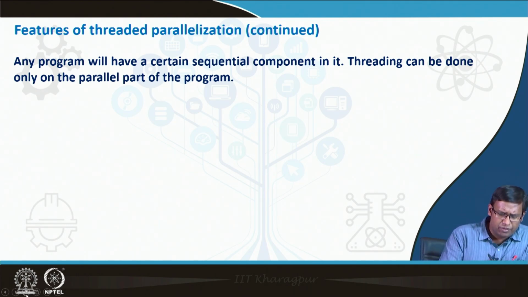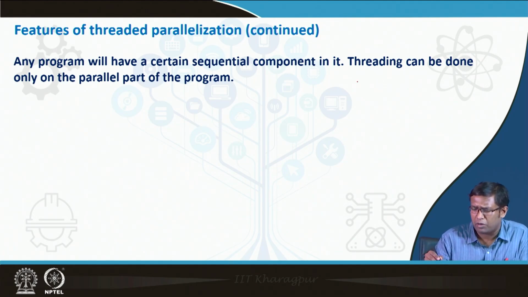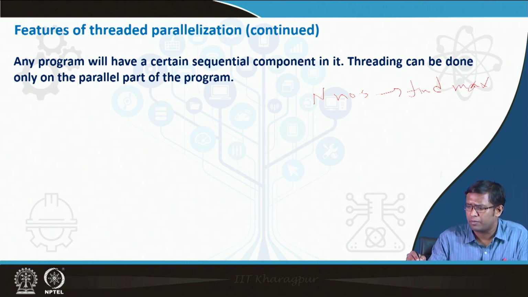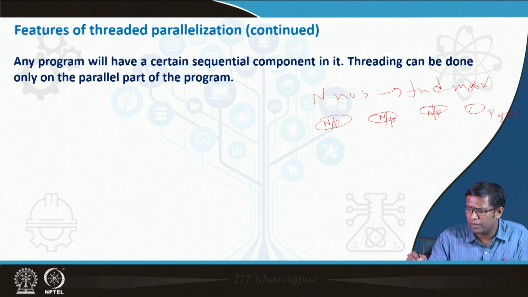We can consider this case. Say I have a set of n numbers, and I have to find out the maximum of n numbers. So I make some groups, say p groups, each with n by p numbers, and ask p threads to find the max for each of these.